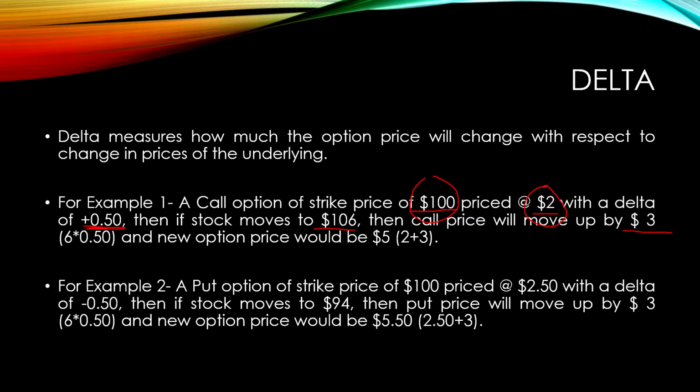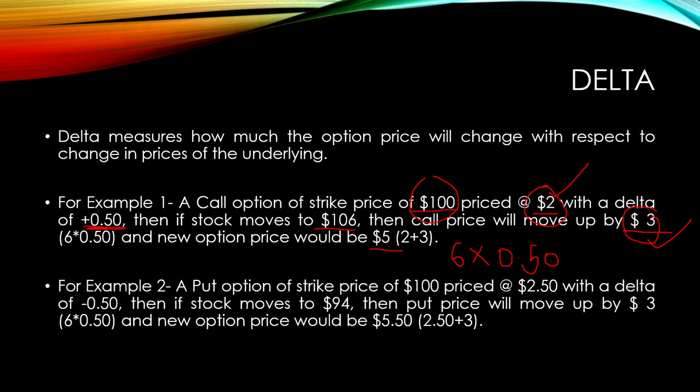So if the underlying moves $6 and the delta is 0.50, then for each dollar it is 0.50. For $6 it will be $3. So what is the new option price? The new option price is $2, the original value, increased by $3. So the new option price will be $5.